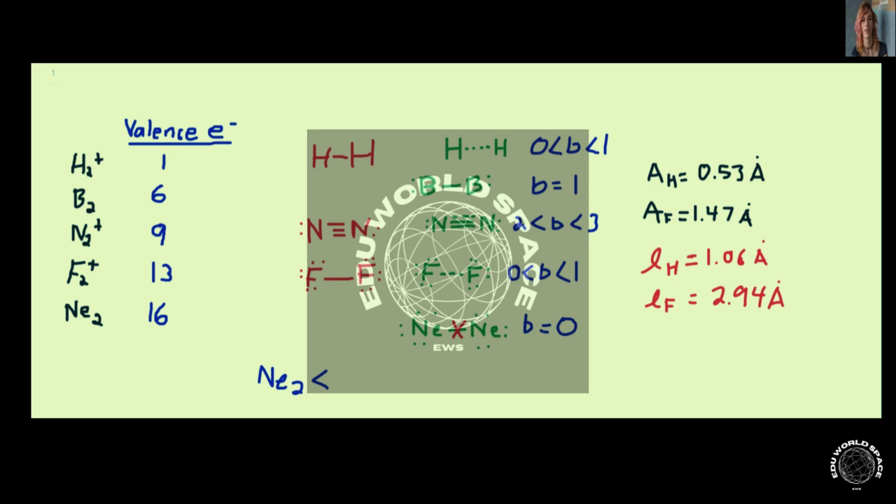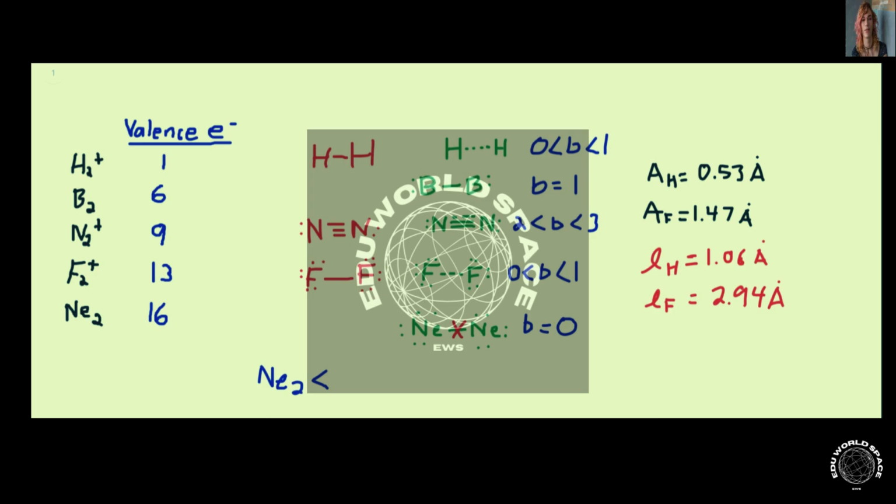So the bond length for neutral F2 is going to be greater than for neutral H2, which means hydrogen is going to have a stronger bond, because our atoms are closer, so they can interact more easily, as opposed to fluorine, which has a longer bond length. The longer your bond length, the weaker it tends to be.